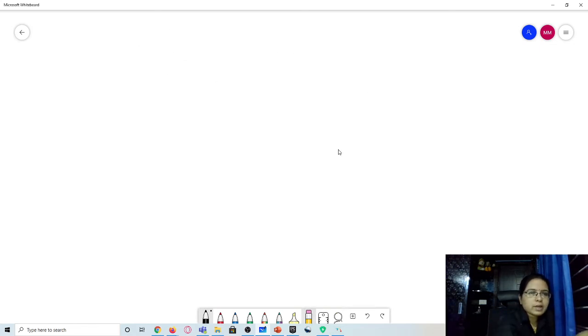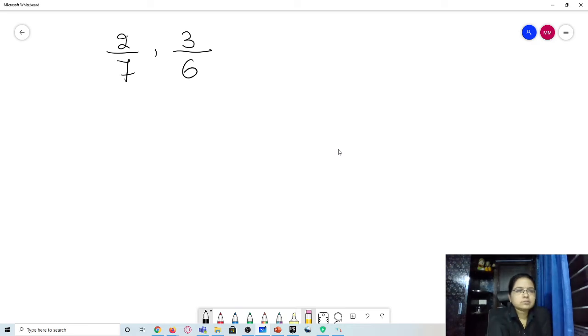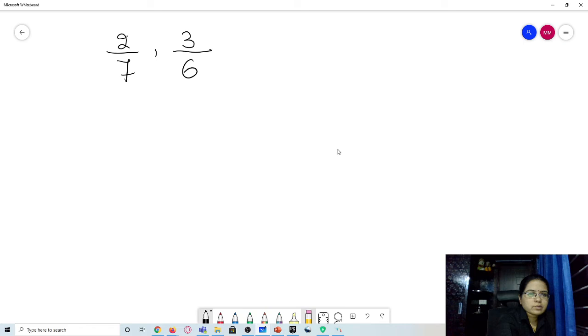Now comparing unlike fractions. Take 2 divided by 7 and 2 divided by 6.